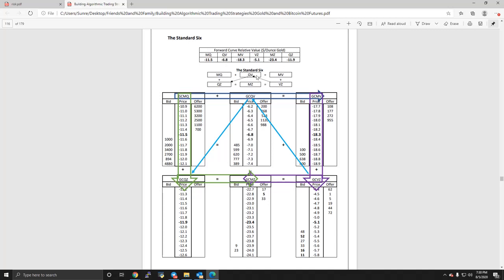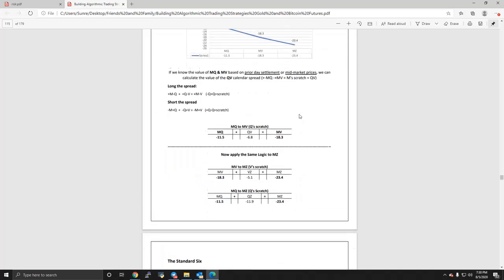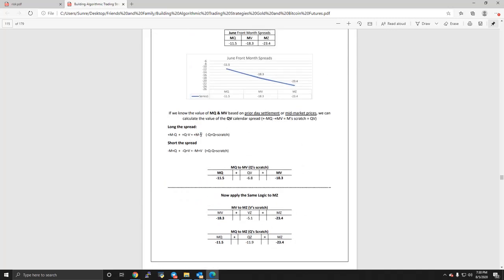And the standard 6 organizes the calendar spread markets in a way where a trader can conceptually visualize the relationship. So if you see here, the GCMQ calendar spread plus the GCQV calendar spread equals the GCMV calendar spread. And we just talked about that math up here.